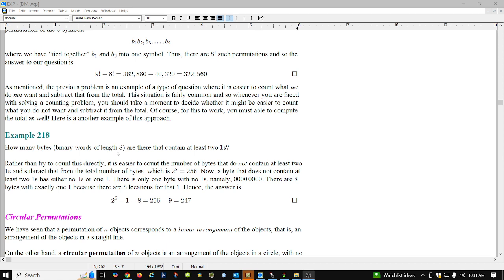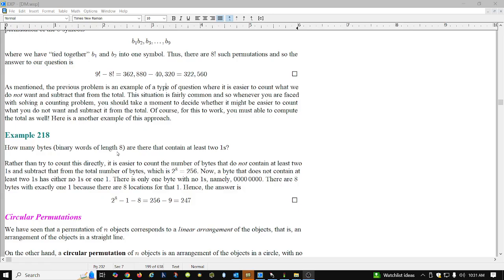And that comes from the multiplication rule. Now, a byte that doesn't contain at least 2 ones either has no ones or exactly 1 one. There's only one byte with no ones. All 8 bits are zeros. And there are 8 bytes with exactly 1 one, because there are 8 positions where you can place the 1.